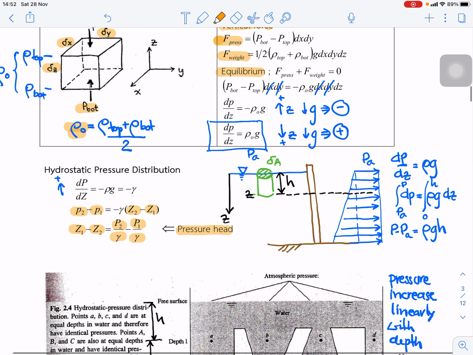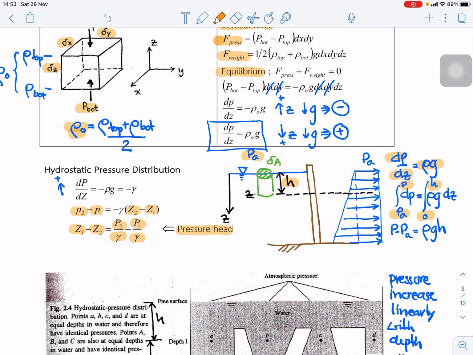and this fluid diagram is shown to derive the pressure at depth h. Okay, we use this equation, dp over dz equal to rho g. The integration is between PA, the atmospheric pressure, and P at the depth h, from 0 to h.